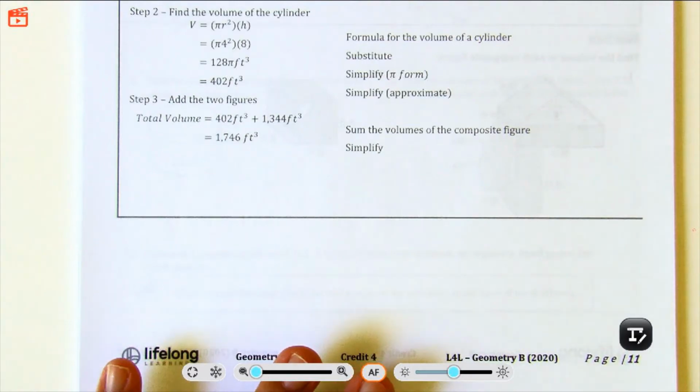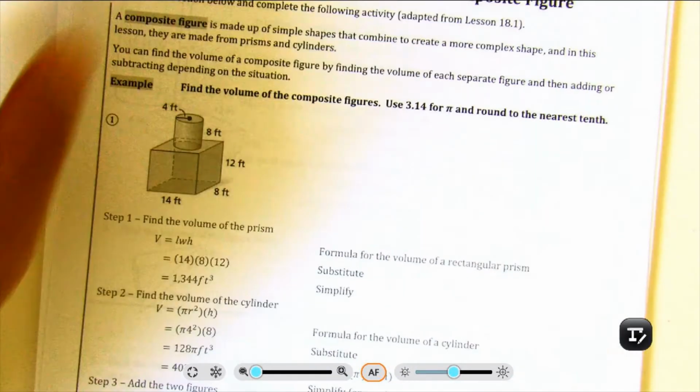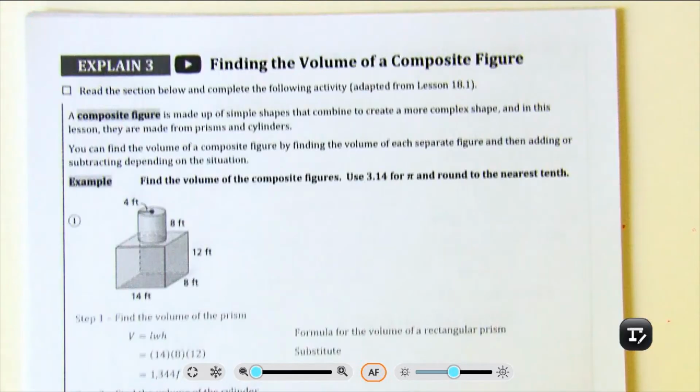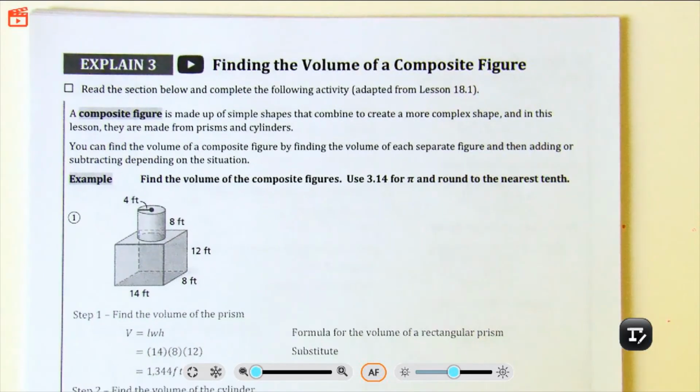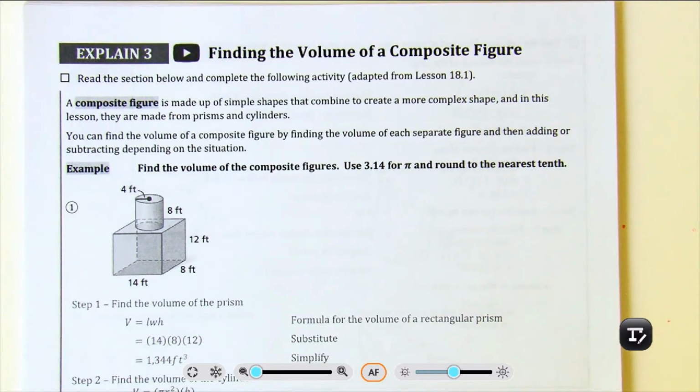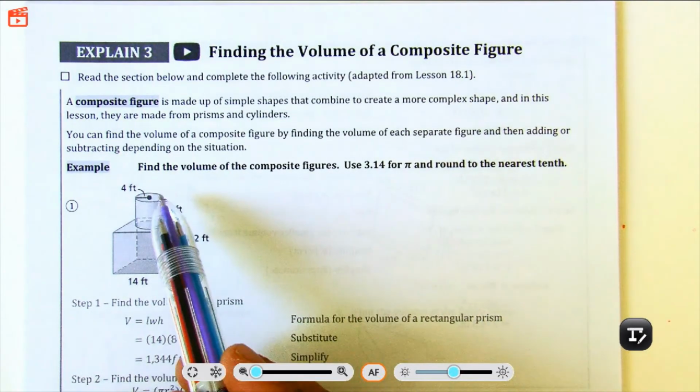Okay, so the last part of this lesson, we're going to be talking about composite figures. Now, a composite figure is made up of simple shapes that combine to create a complex shape. So in this example here, this is a composite figure, but it's made up of two shapes.